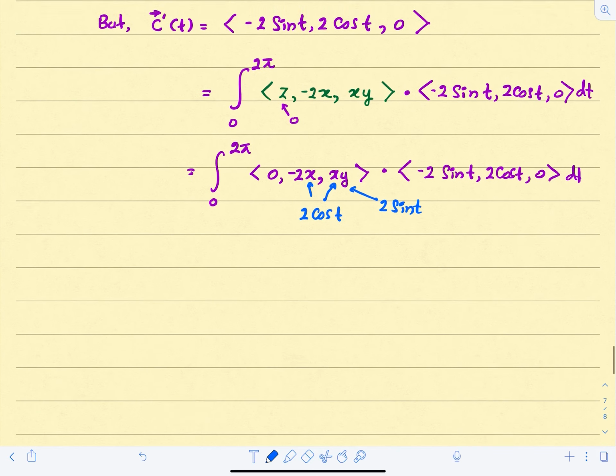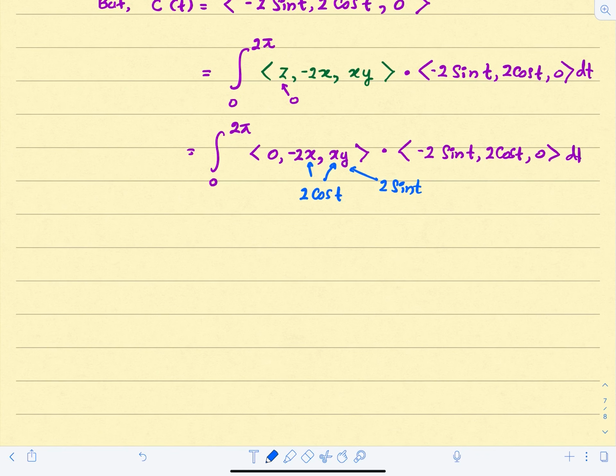And if you do this dot product calculation, you will not get a contribution from the product of the first component, because it's 0 times negative 2 sine t. Similarly, we will not get a contribution from the third component, xy times 0.